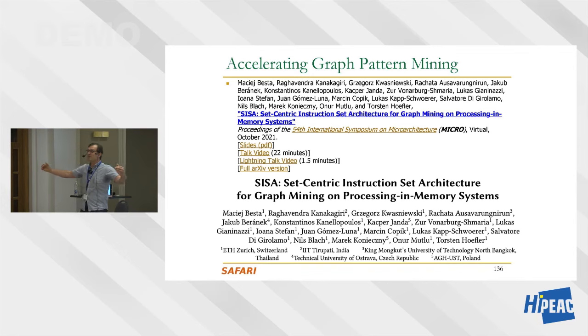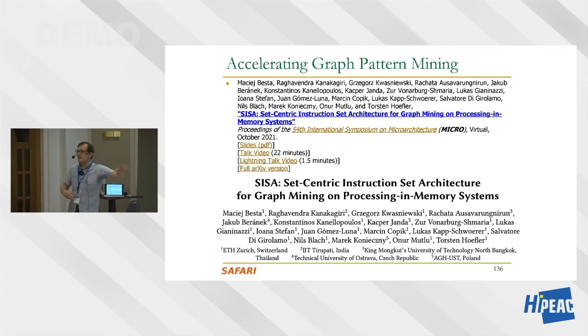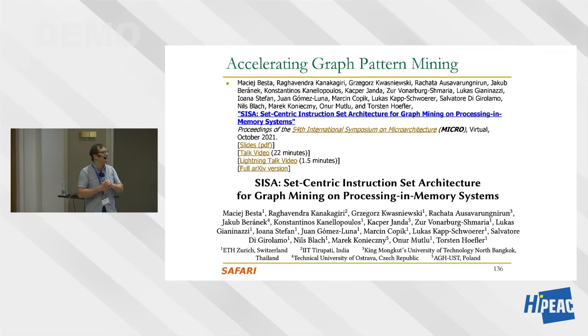So we wanted to represent graphs using bit vectors and then map this to processing using memory and processing near memory. In this work we provide algorithms for major graph algorithms. We revisit them and express them using set-centric mechanisms. We design a set-centric ISA, so the instruction set architecture is all set-based.